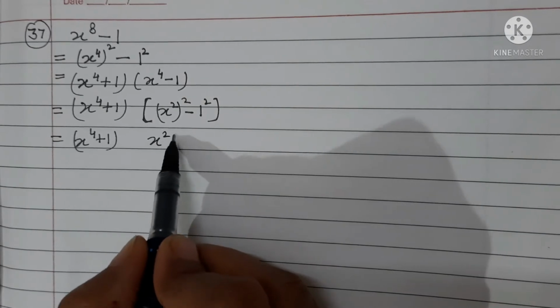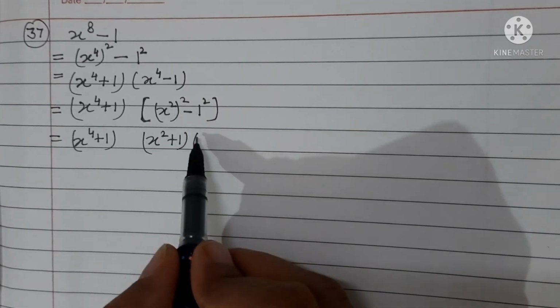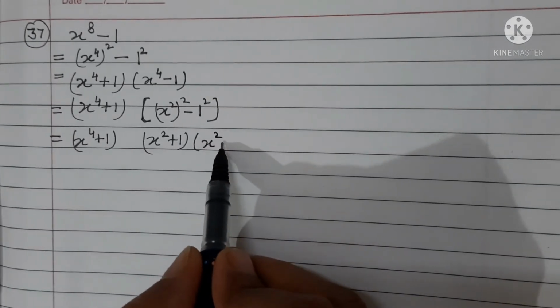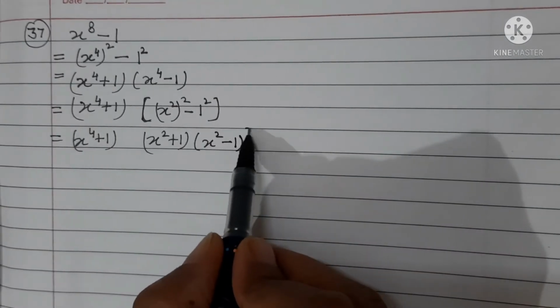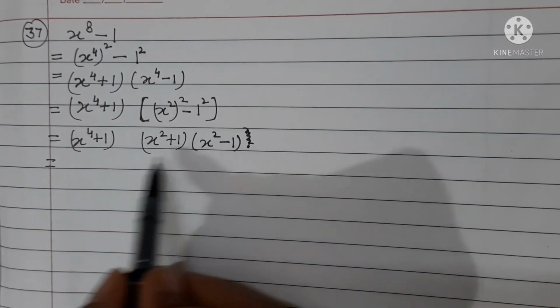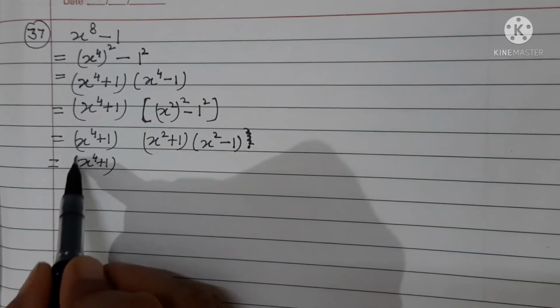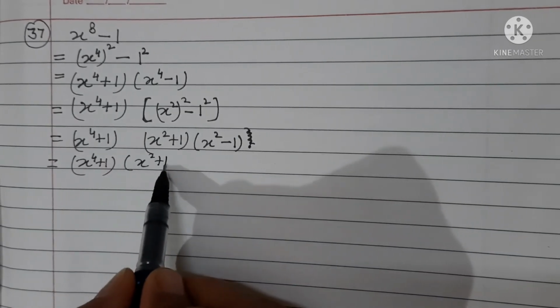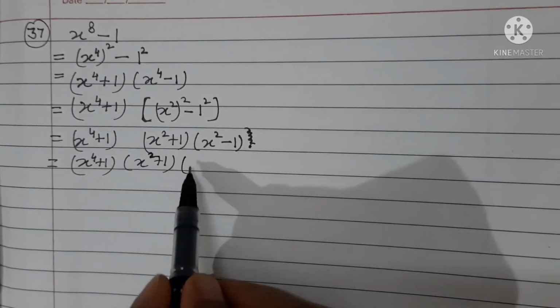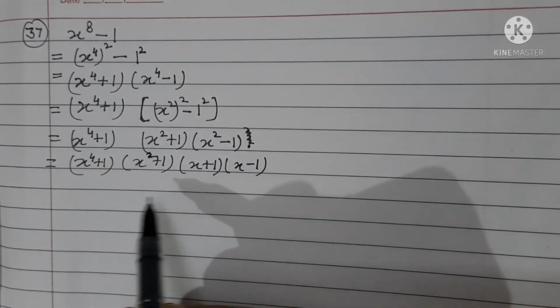So a plus b and a minus b, where a is x square, so x square minus 1. Again you can open this factor: x to the power of 4 plus 1, x square plus 1, and this is x plus 1 and x minus 1.